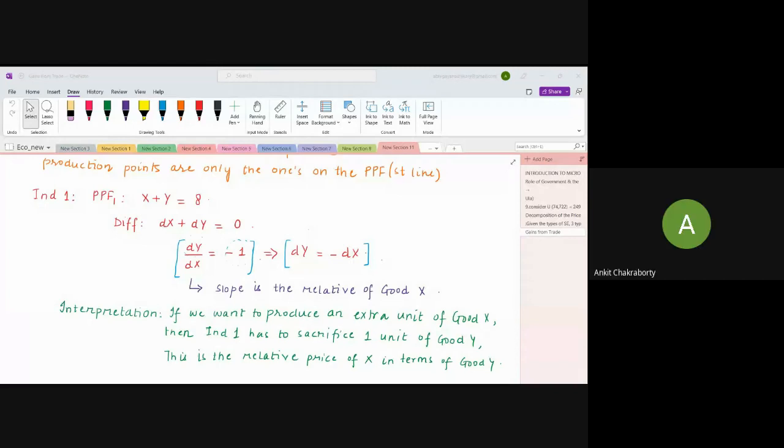Sir, will it be dx by dy? That should be right. If dy by dx is the slope, the relative price of good x, then dx by dy would be the relative price of good y, yes, isn't it?